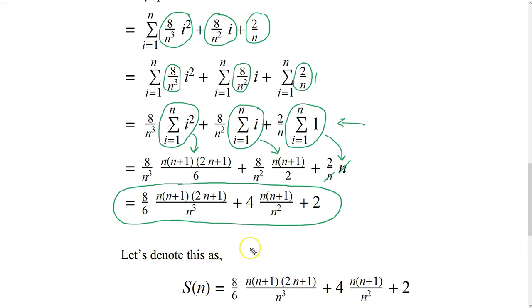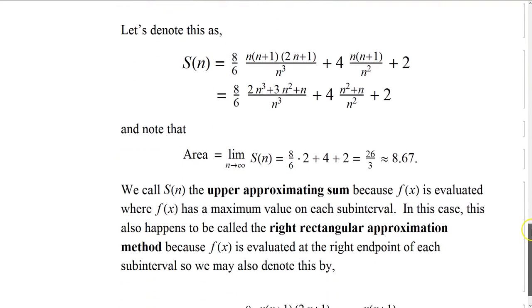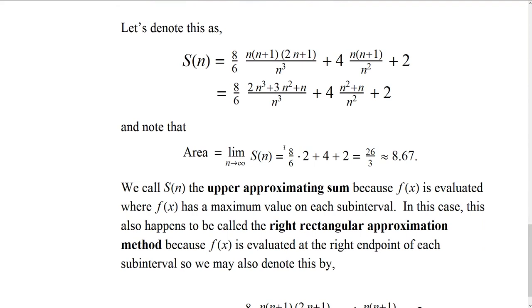And now we're going to denote this as follows. We denote this as capital S of n, and we call that an upper approximating sum. We'll talk about that in a second. Notice that it's equal to what we found it to be, right here.